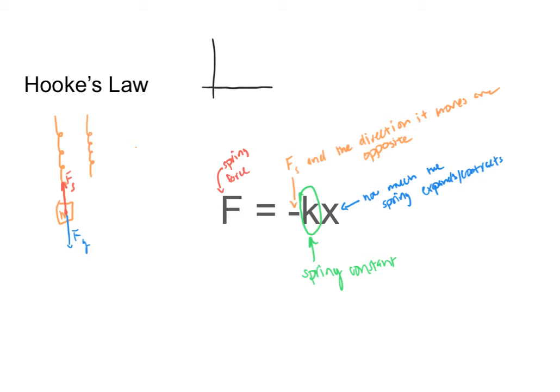All these things affect how springy it is, right? So you guys have pulled some springs that are easier and some springs that are harder to pull. And that spring constant is what defines what I like to call the springiness of the spring. So the bigger k is, the harder the spring is to pull. The smaller k is, the easier it is. So with all of that, let's go ahead and get started solving some problems.